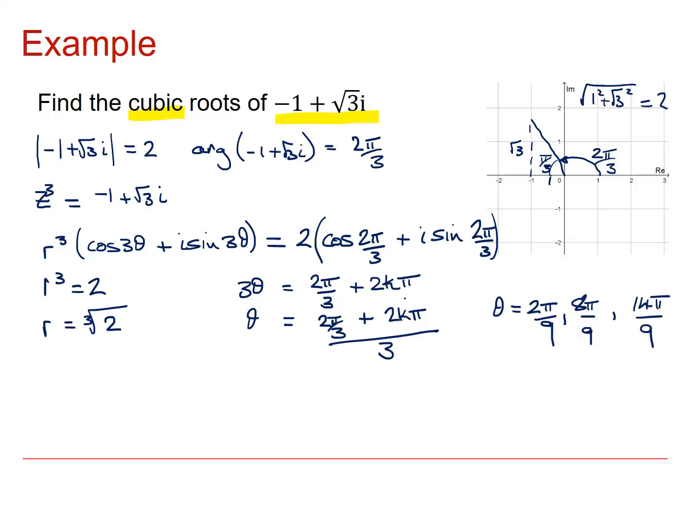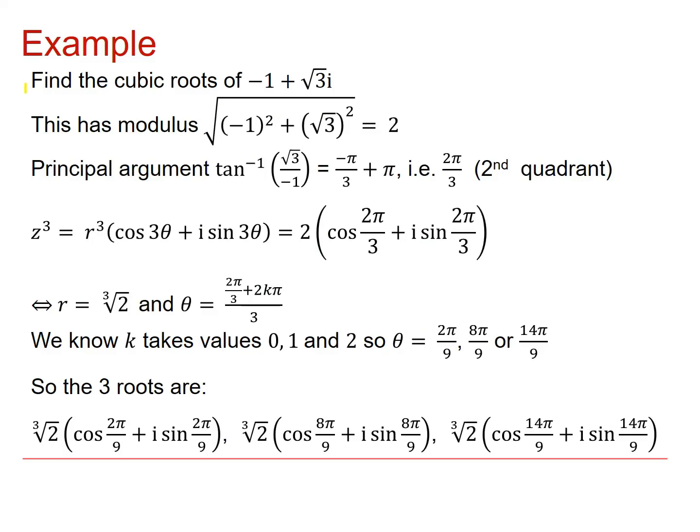And if I want my cube roots in x plus iy form, I would just plug in this modulus and this argument into the standard form. So I'd get something like cube root of 2 (cos 2 pi by 9 plus i sin 2 pi by 9). So there's that working tidied up for you.